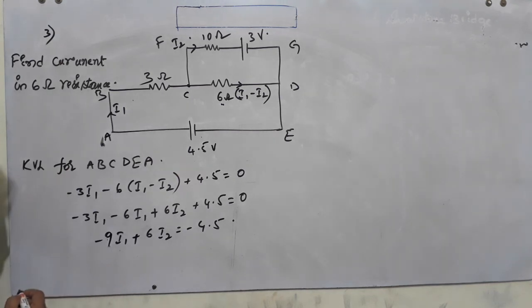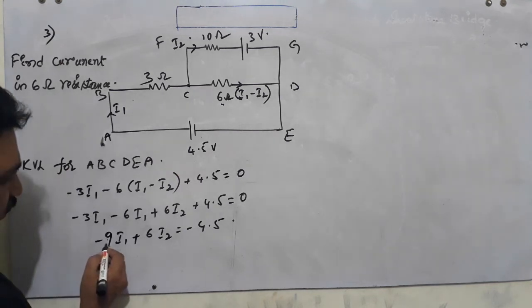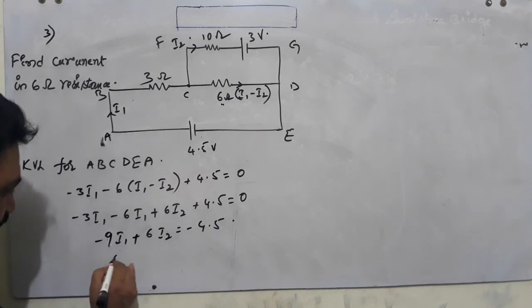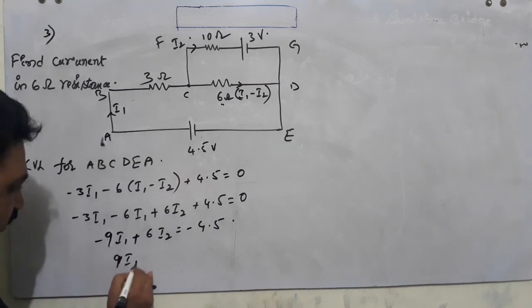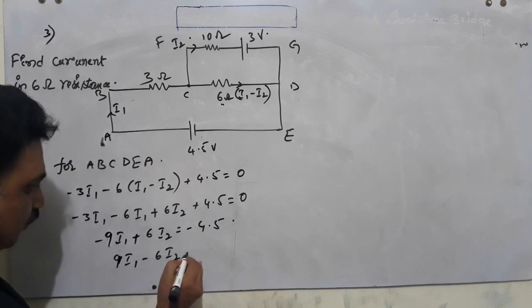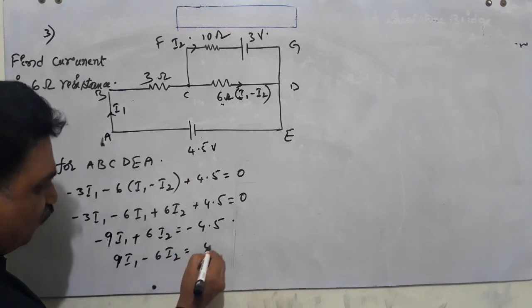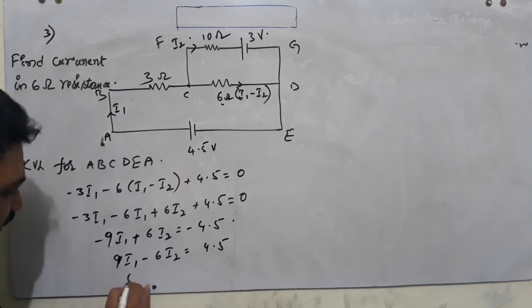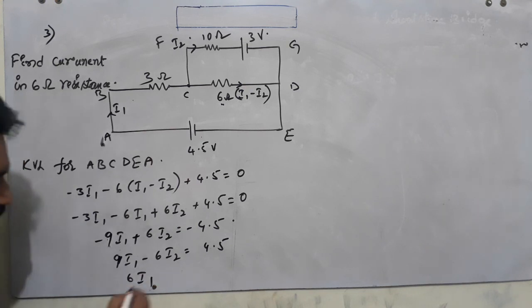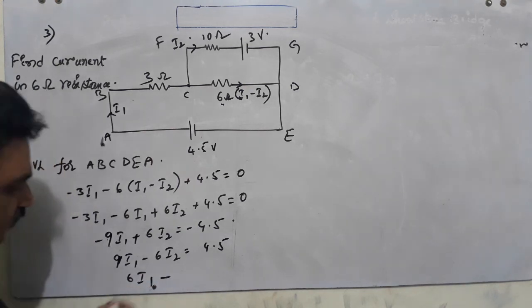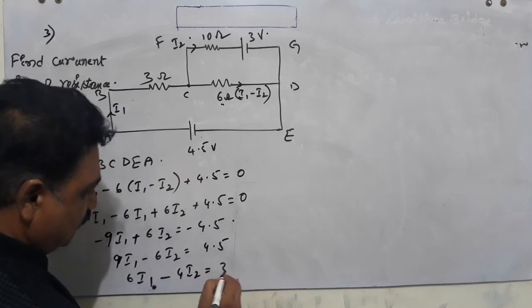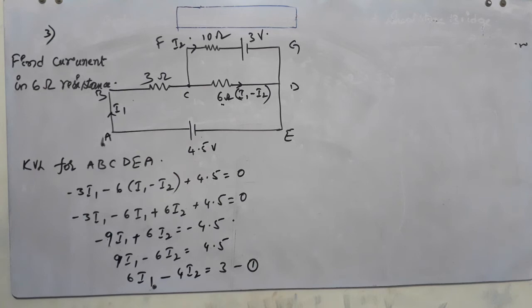So I can divide it by 1.5, and that gives 9 I1 minus 6 I2 is equal to 4.5. If you divide 9 by 1.5, it will be 6 I1 minus 4 I2 is equal to 3. This is equation 1.